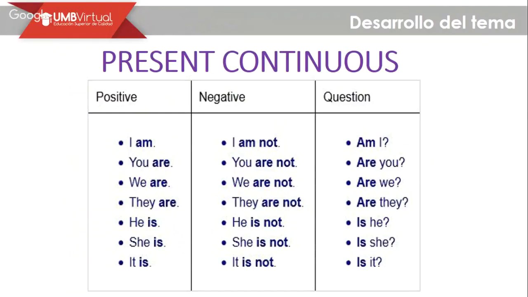So just to remember, present continuous is a grammar structure that allows us to say that something is happening in a moment during the present and that we can still continue doing that thing or that action for a while. So, for example, when you say it's raining, you say that it is already happening, but it can continue going on for a while.